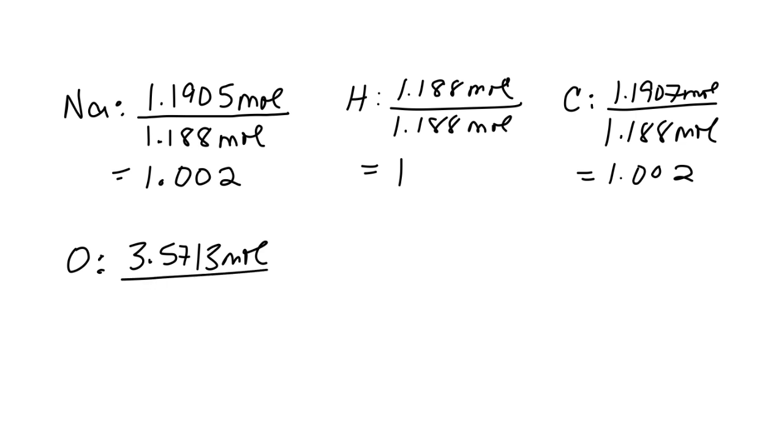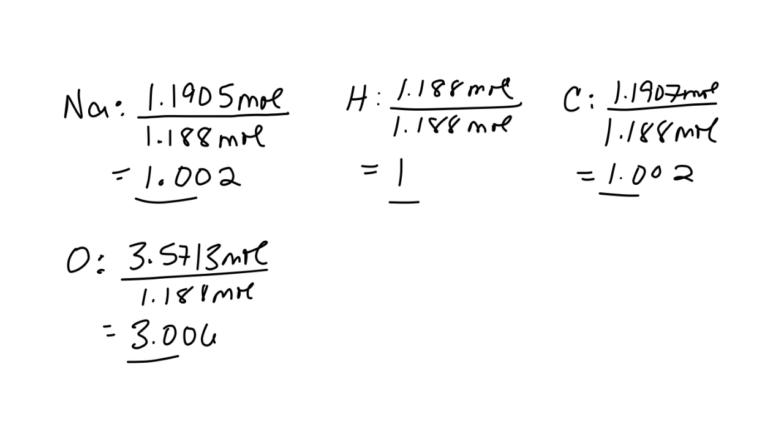And then we divide by that lowest amount, 1.188. And now we get a factor of 3.006. So the last step is now to take these ratio numbers and convert them to a chemical formula. And because all of these are fairly straightforward whole numbers, we can leave them as that.